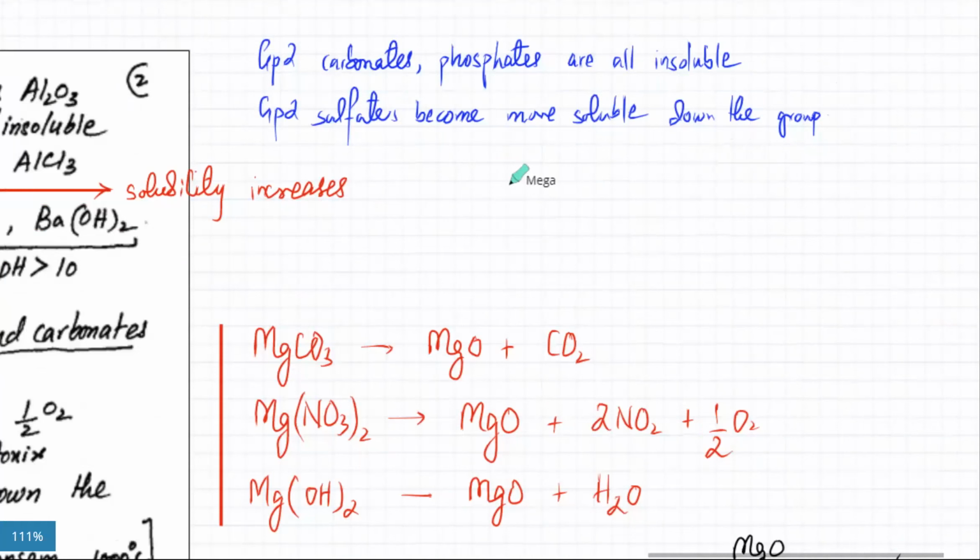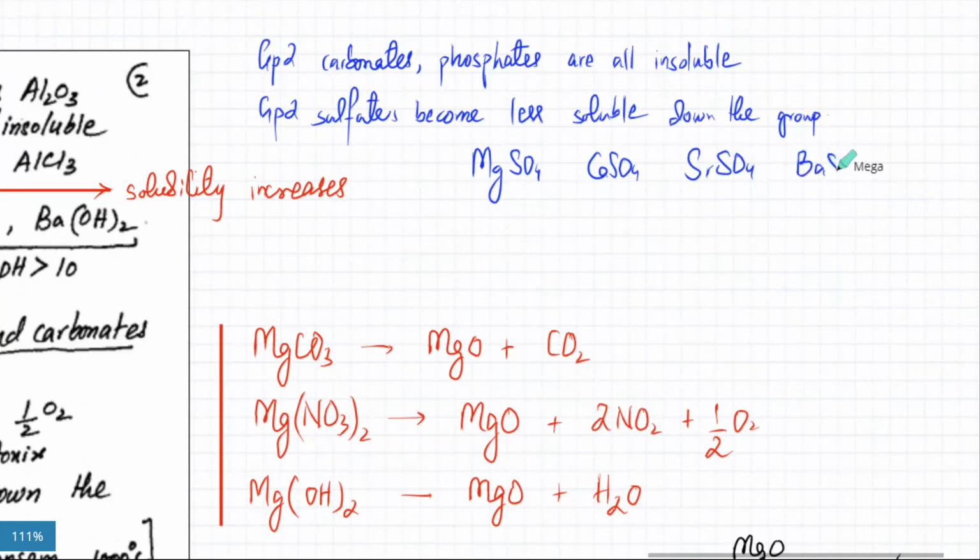So I'm going to talk about the solubility of the sulfates. They become less soluble down the group. So the bottom two are insoluble. This is partially soluble.